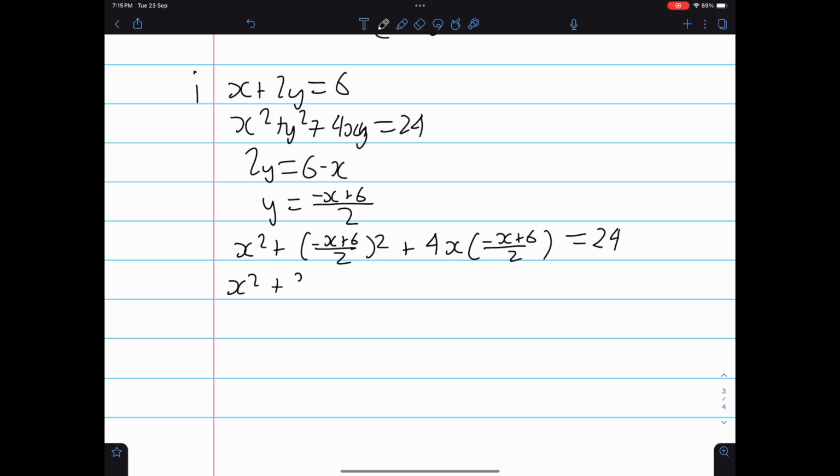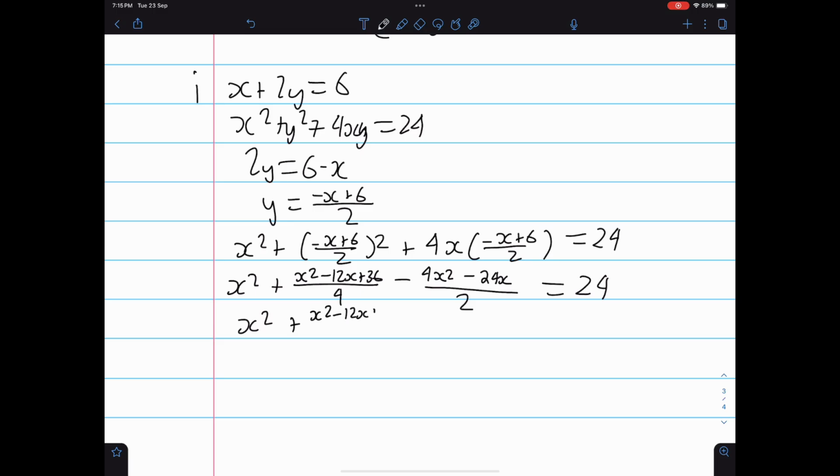So on the top we get x squared minus 12x plus 36 over 4 plus, maybe we'll do a minus 4x squared minus 24x. Just be careful about negative signs here. And I say that and I've probably made a mistake, but we'll find that out shortly if that's the case.